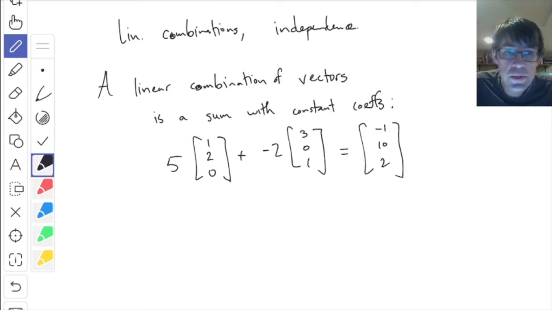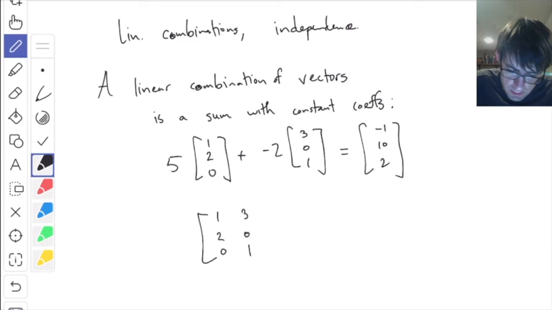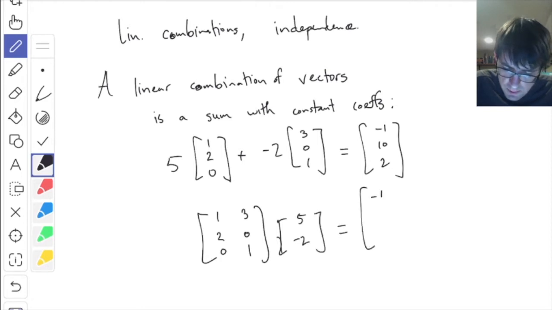And what I just wrote, a linear combination of vectors, can also be rewritten as a matrix equation. This one would take this form, 3, 0, 1 times the vector 5, -2 equals -1, 10, and 2.